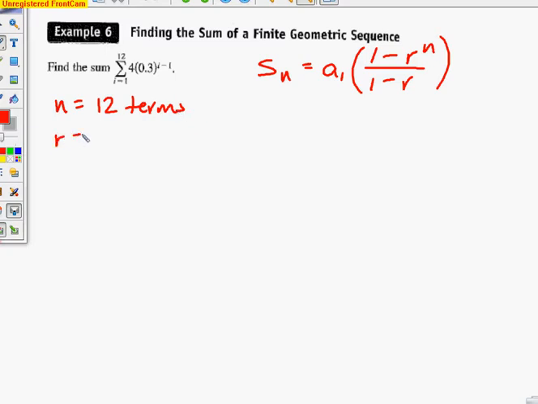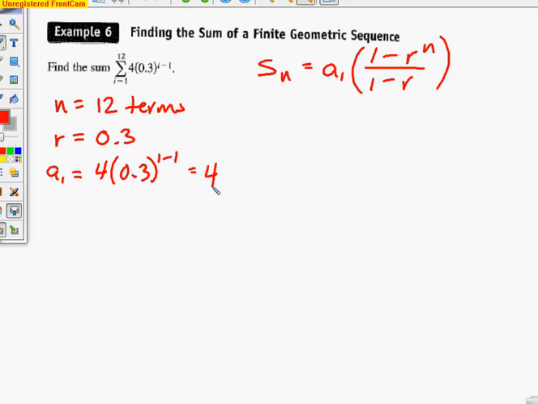Next, the r. The r is the common ratio. That is the base of the exponent. The r is 0.3. And now I want to find the first term. To find the first term, I'm going to plug 1 in for i. So that is 4 times 0.3 to the 1 minus 1. And 1 minus 1 gives you an exponent of 0, which makes the 0.3 go away, and your a sub 1 in this problem is 4.